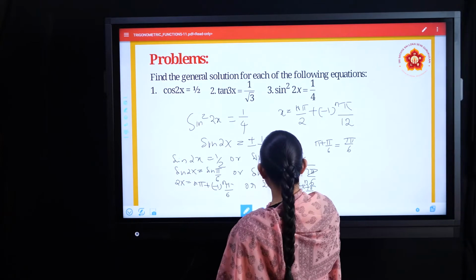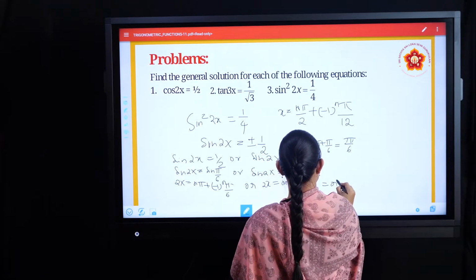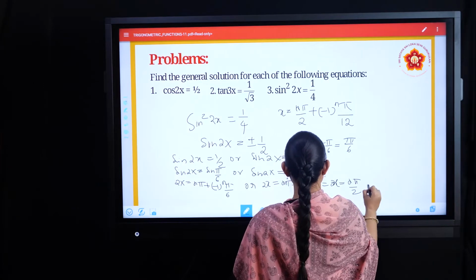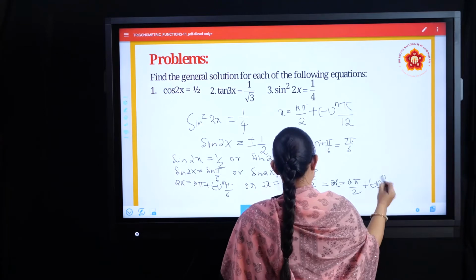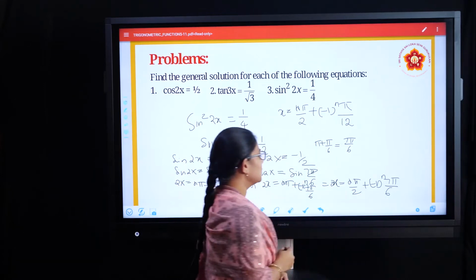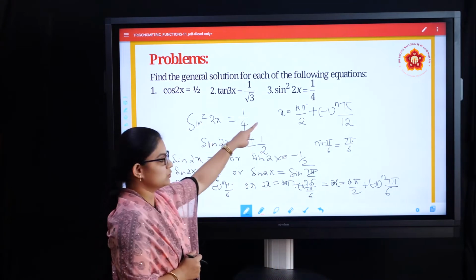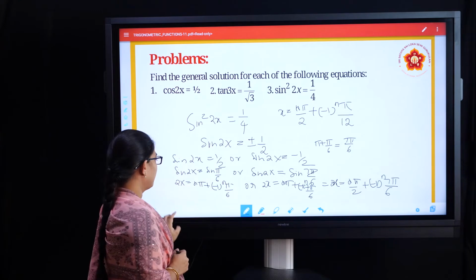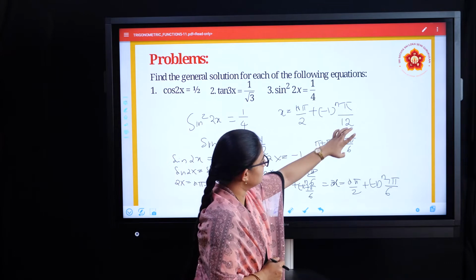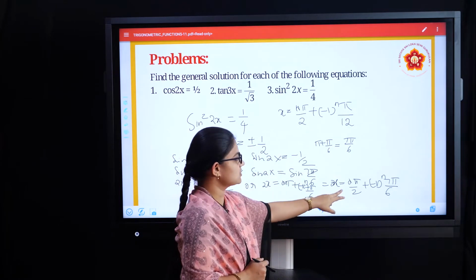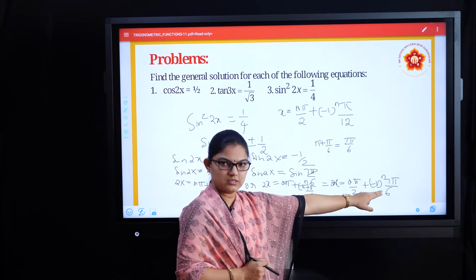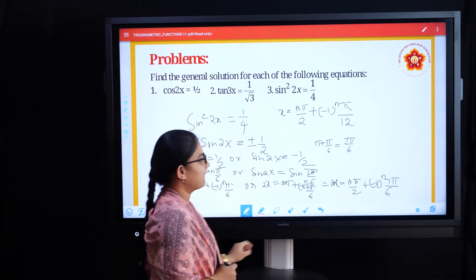And here we have x is equal to n pi by 2 plus minus 1 power n, y is 7 pi by 6. So therefore general solution of sin square 2x is equal to 1 by 4 is x is equal to n pi by 2 plus minus 1 power n pi by 12, or x is equal to n pi by 2 plus minus 1 power n 7 pi by 6.